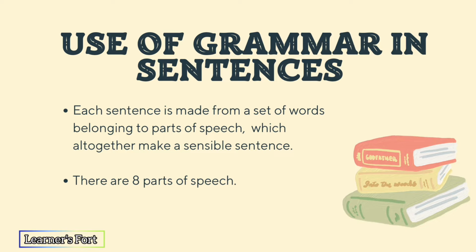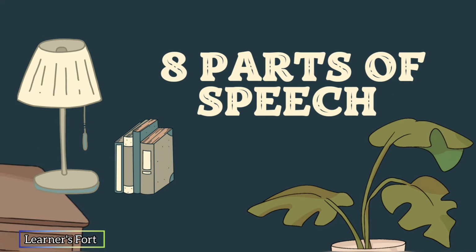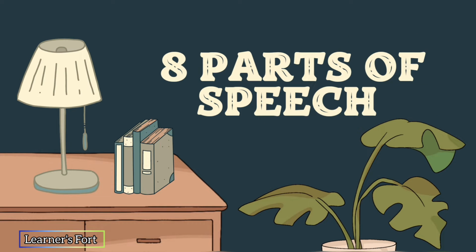So speech has 8 important parts, which all together make a sentence into a sensible one. Okay, so talking about the parts of speech, there are 8 parts of speech. The speech is divided into 8 or 9 parts, but 8 are very common ones, so we're going to talk about those.